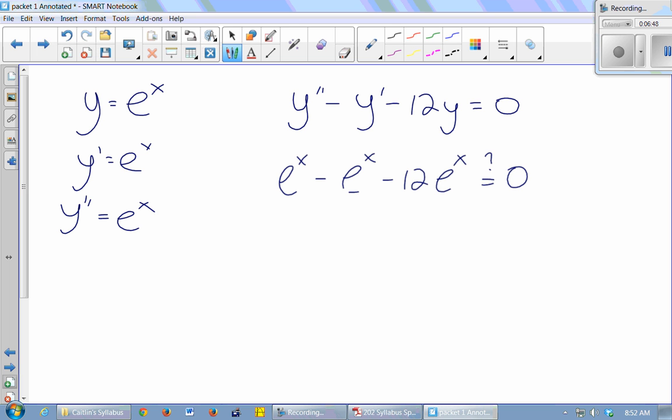No. Yeah, I get negative 12 e to the x, which doesn't equal 0. But I'm on the right track because I have three terms that can at least all be added together. I just need to somehow make the coefficients come out right, so that when I add those three terms together, I get 0 e to the x's. So I'm only off by the coefficients in front.